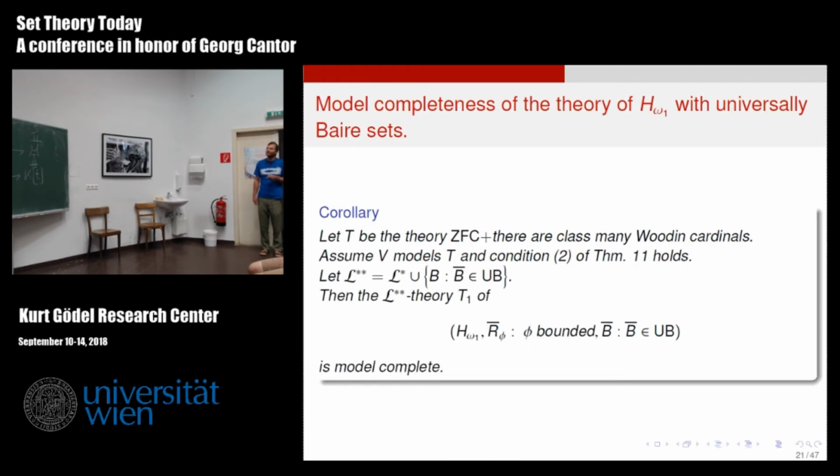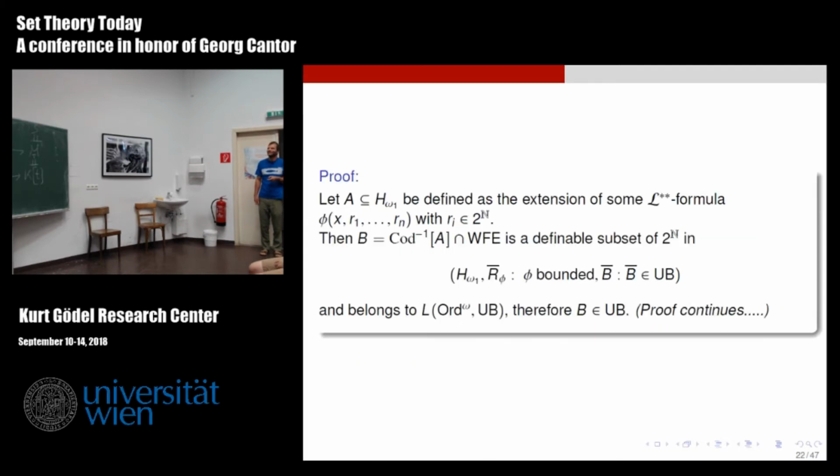Now you take the second expansion of your language. You add predicates for all universally Baire sets, and now this model is model complete. Why? Because essentially you have quantifier elimination. You take the extension of a formula and pull it back using your coding function. This gives you a universally Baire set, because any set which is definable in H omega 1 with this predicate is universally Baire, because it belongs to this model.